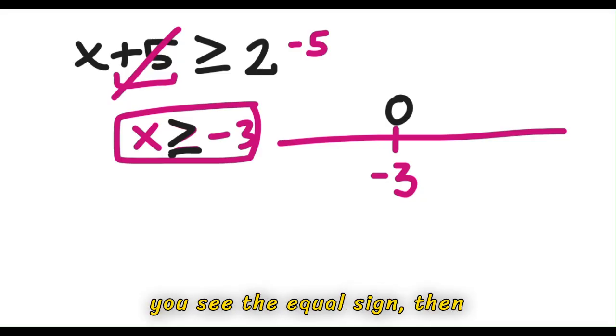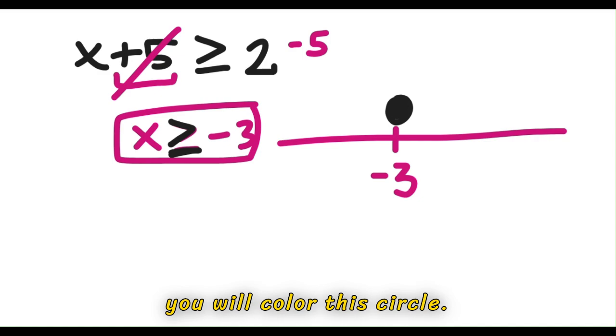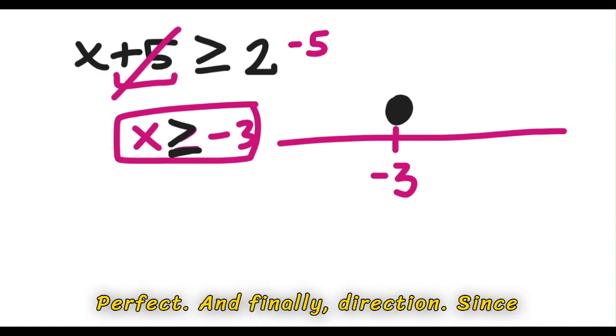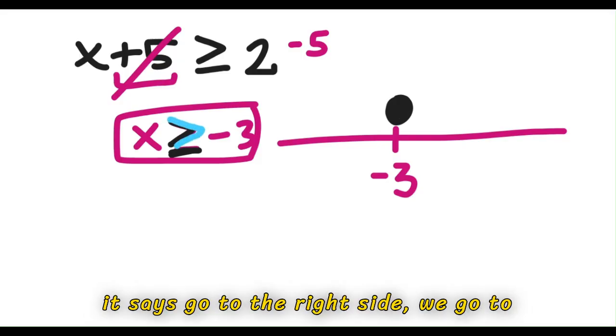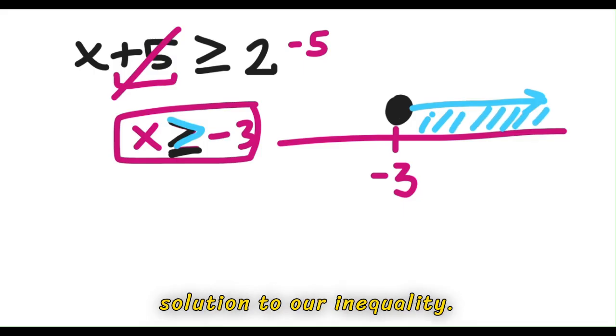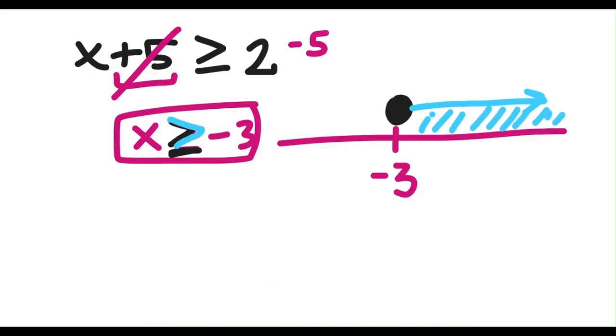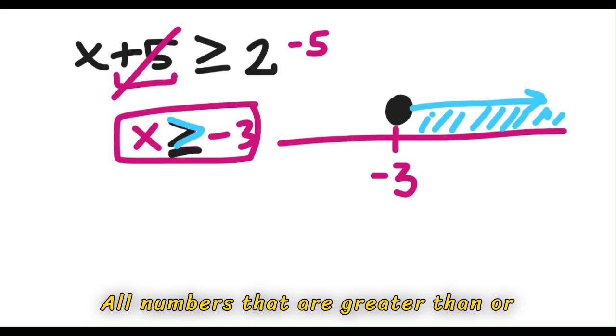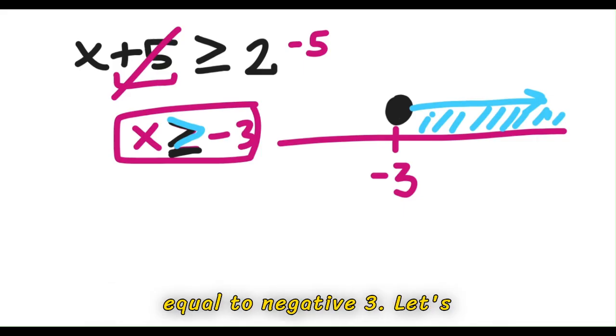So if you see the equal sign, then you will color the circle. Perfect. And finally, direction. Since it says greater than, we go to the right side, and this is the solution to our inequality. All numbers that are greater than or equal to negative 3.